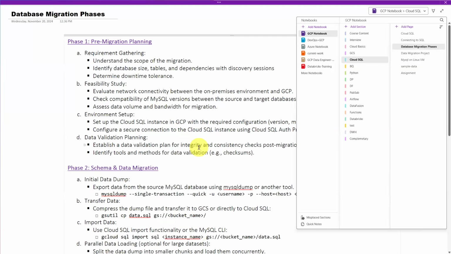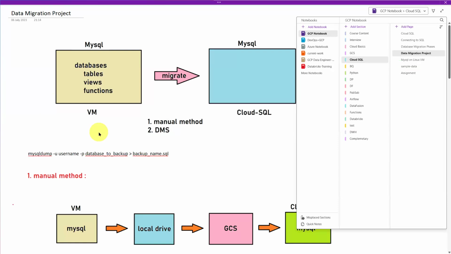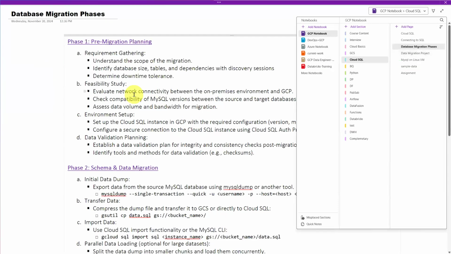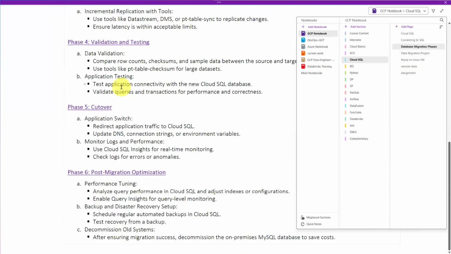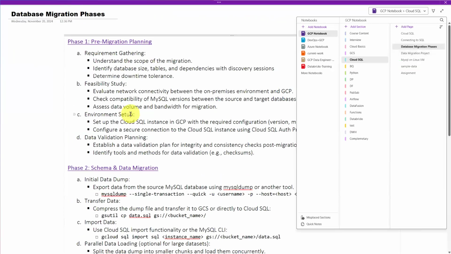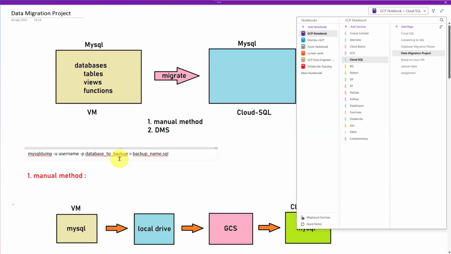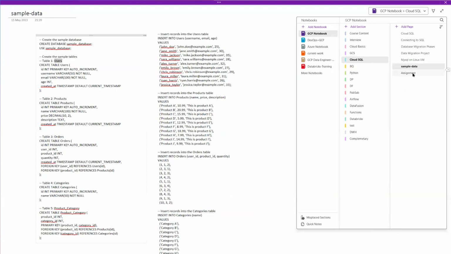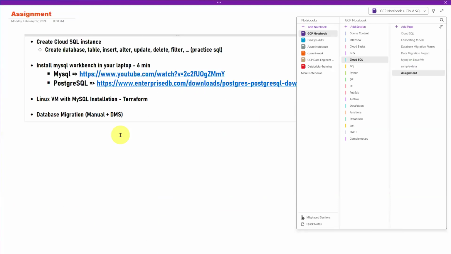So you have a database migration project, from traditional MySQL to Cloud SQL MySQL. All the phases, phase 1, phase 2, phase 3, phase 4, phase 5, we are going to have it. That is, we are going to see a real-time database migration project, with sample data for your practice, and you have an assignment again.